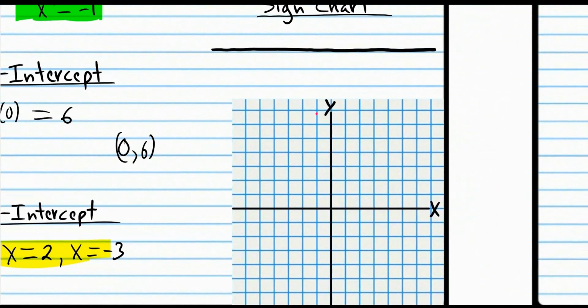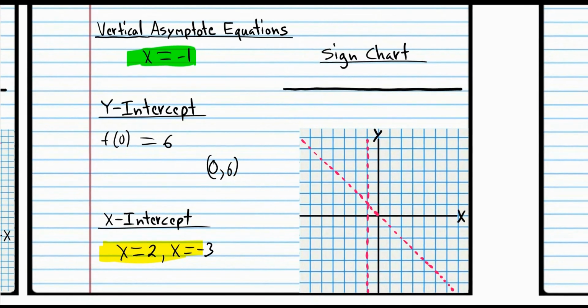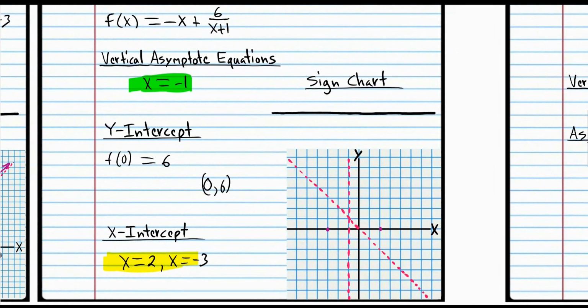So let's graph that asymptote line, negative x. The slope is negative 1, and the y-intercept is 0. We also have a vertical asymptote at x equals negative 1, and we have x-intercepts at 2 and negative 3, and we have a y-intercept at 0, 6.